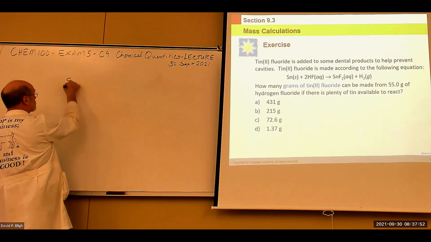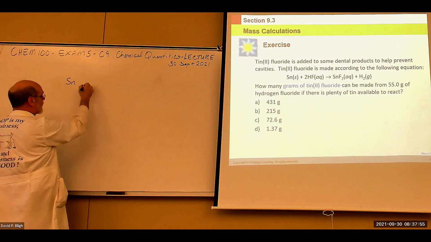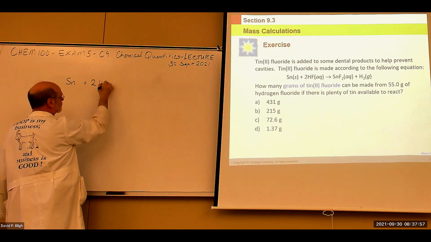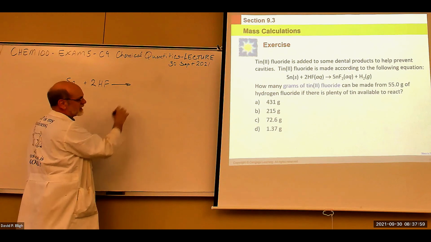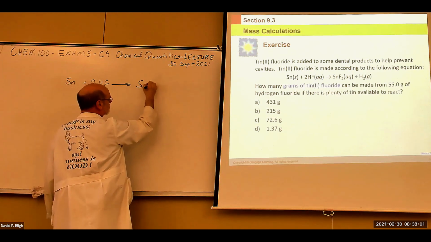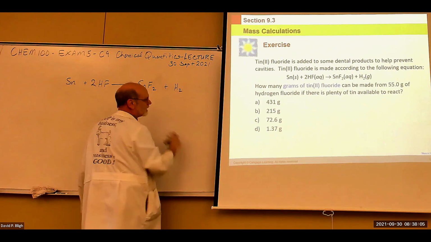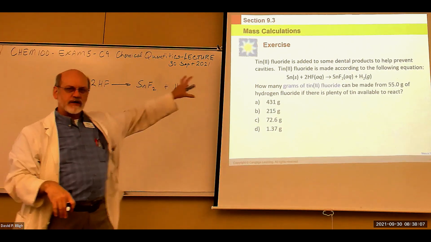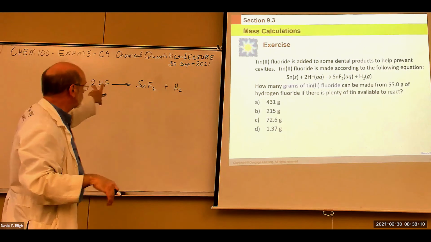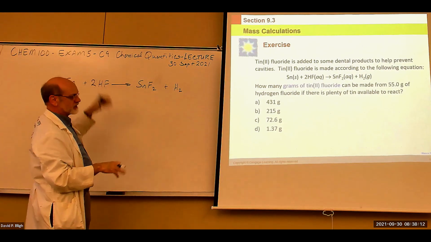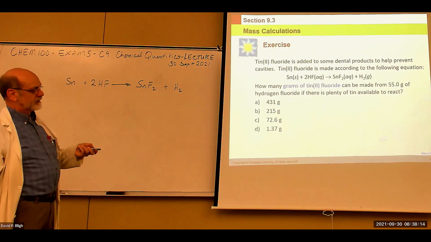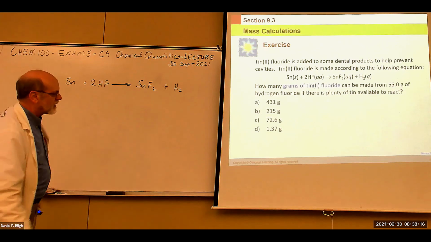Well, we use the procedure as before. The way I do this is I write out my balanced equation, and then I extract information from the word problem and put it in relationship to the equation. So what are we given? 55 grams of hydrogen fluoride.